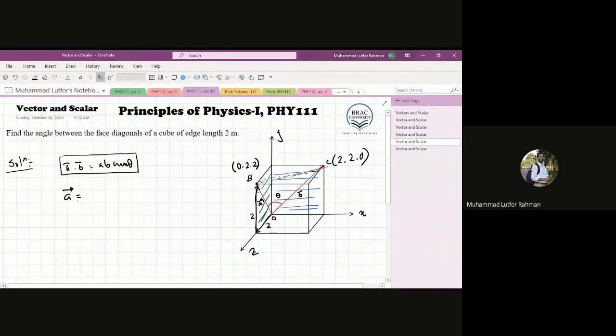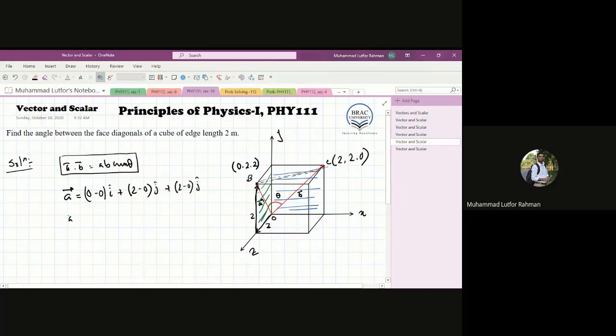So look at this, vector A would be, 0, because I'm using the general way. This is the general way you can find it out. So I have to find that vector, right? So this is my final point. Then I'll write down 0 minus 0 i hat plus 2 minus 0 j hat plus 2 minus 0 k hat.